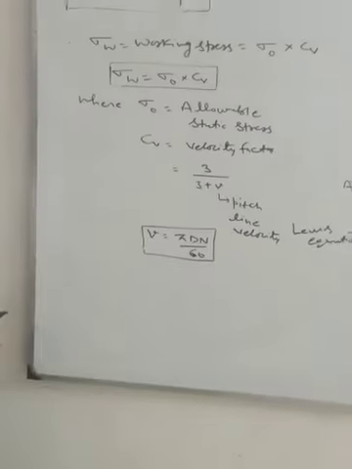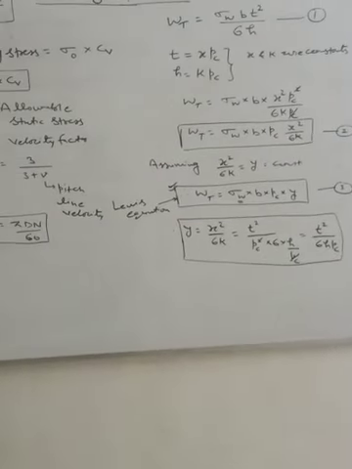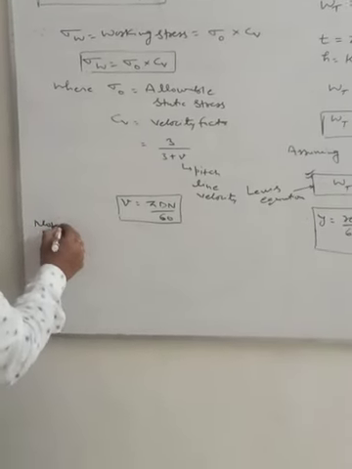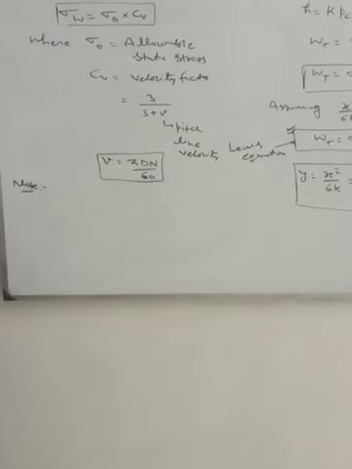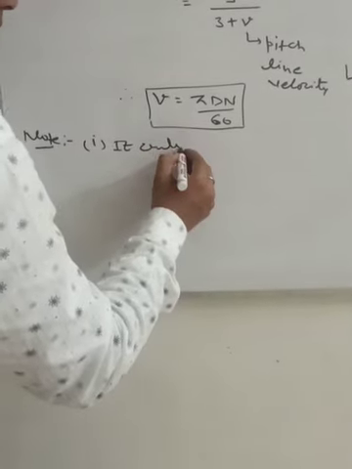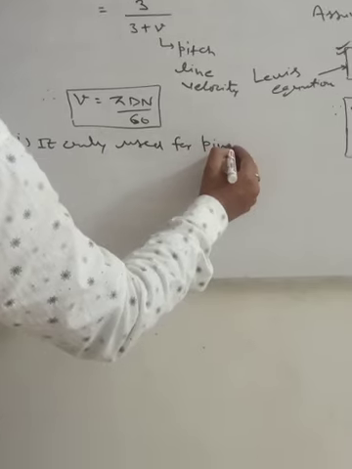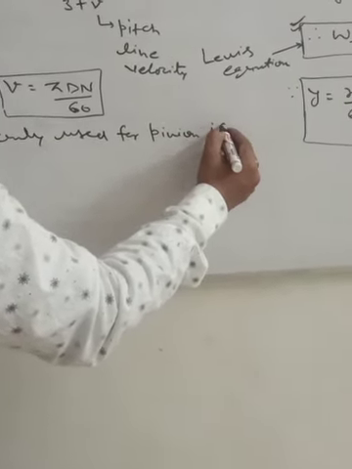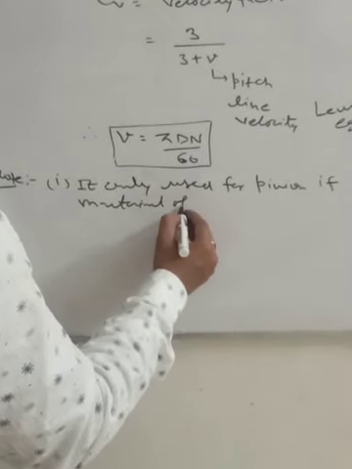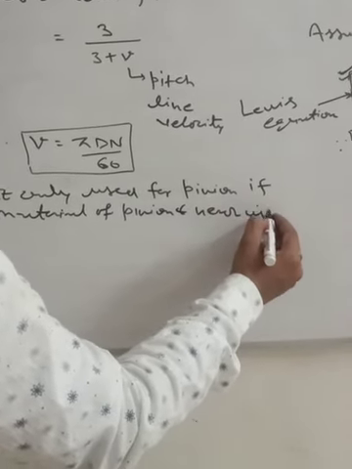From this concept, we can use this Lewis equation for the weakest tooth. Now, for which we can use this Lewis equation: first, it is only used for the pinion if the material of pinion and gear is the same.